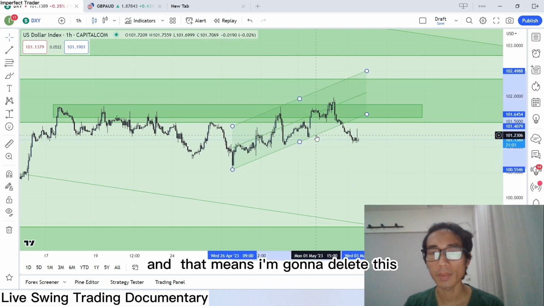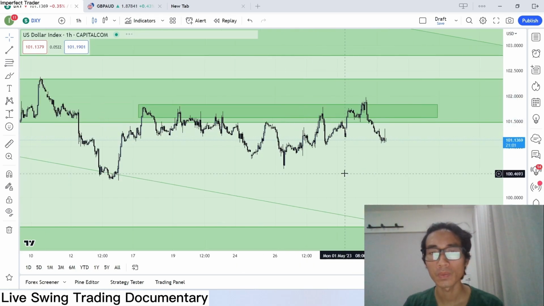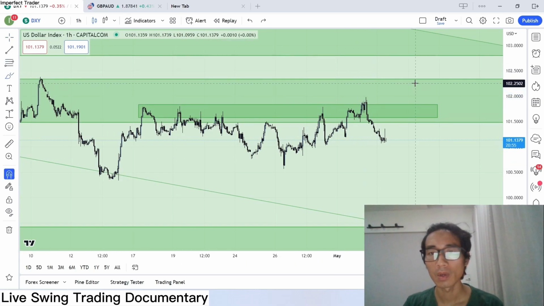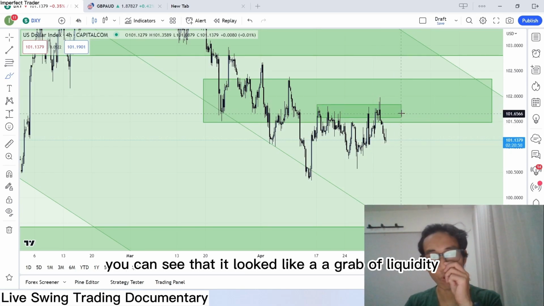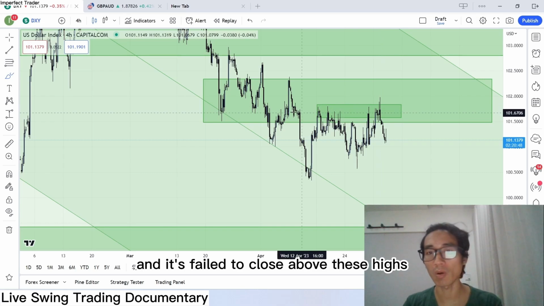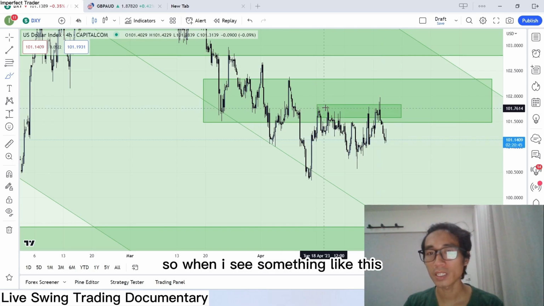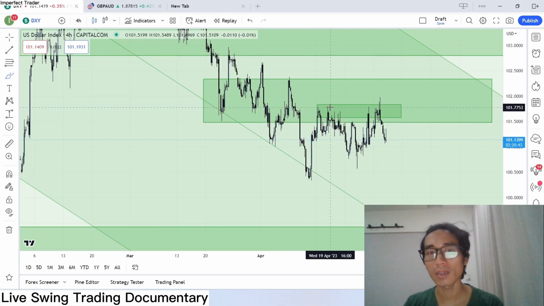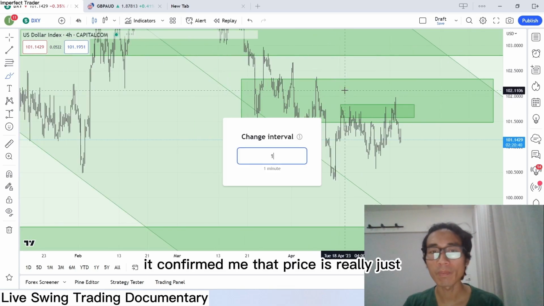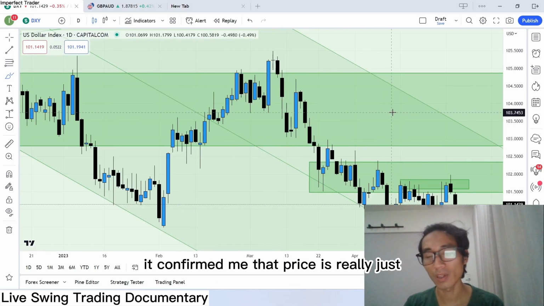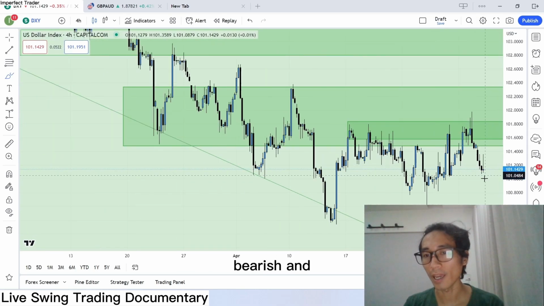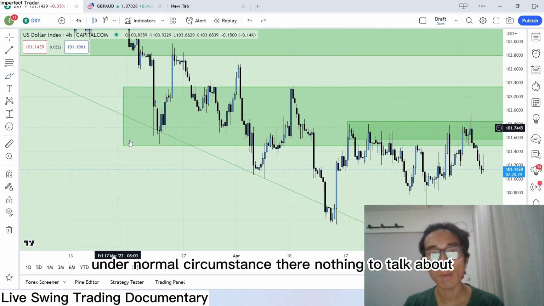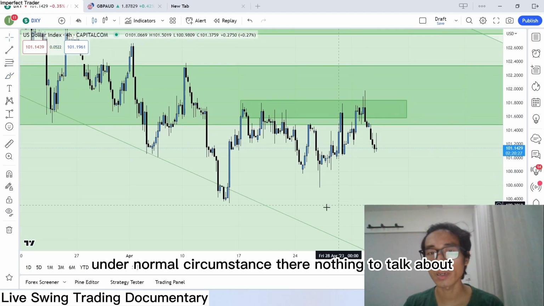So we have a price trade up here, but on 4 hour chart we can see that it looked like a grab of liquidity and it failed to close above the high. So when I see something like this, it confirmed for me that price is really just bearish. And under normal circumstances, there's nothing to talk about.